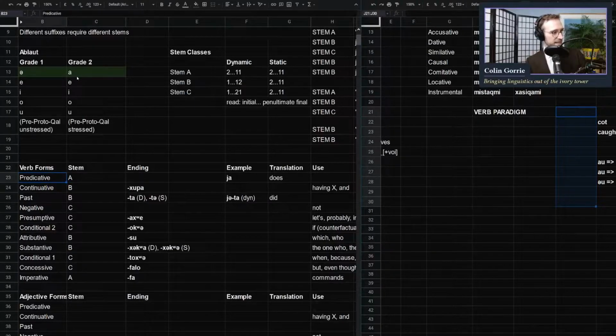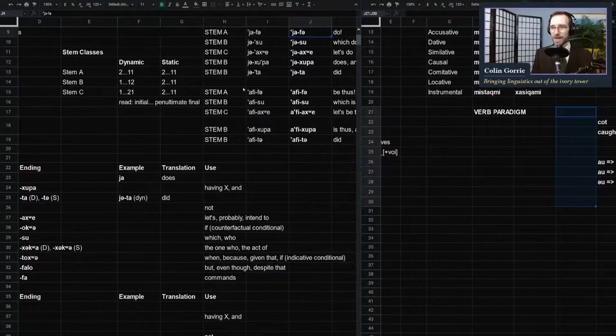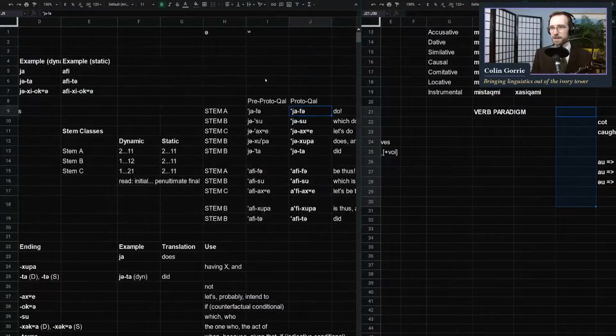So we have this system where we have three stems of the verb in Proto-Qal: stem A, stem B, and stem C. And each one, oh goodness, this is super complicated, and it's definitely going to be leveled out by analogy in the descendant languages. We have this vowel a, which in certain contexts shows up as schwa.